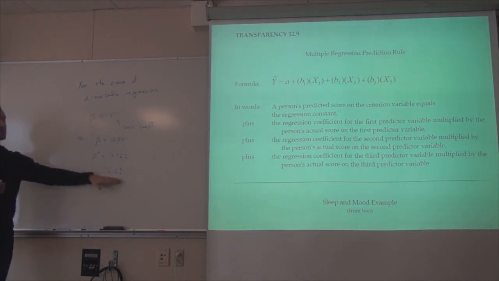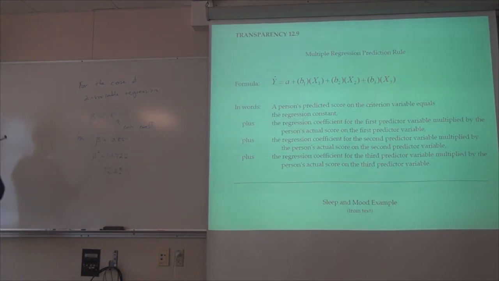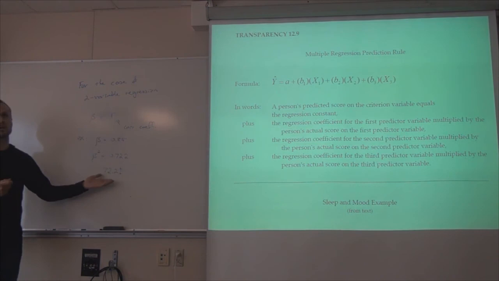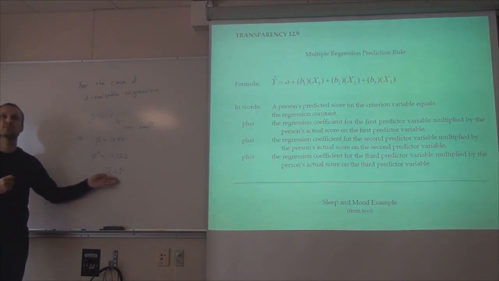So this is still good, but there's like 30% coming from other factors, which is most of the time the case. So it's sort of like effect size in a way. But I don't have to think about it really like that.